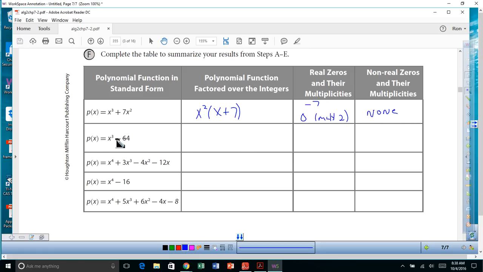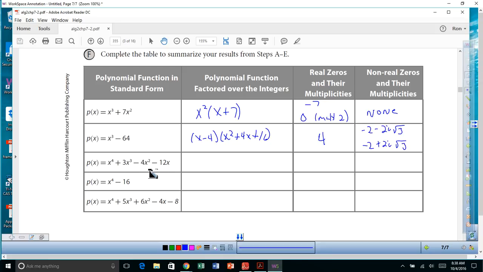All right, x cubed minus 64, when we factor that, we got x minus 4 times x squared plus 4x plus 16. Real zeros, there was just one, and it was 4. So the other two were negative 2 minus 2i square root of 3, and negative 2 plus 2i square root of 3. Remember, these complex ones always come in pairs.